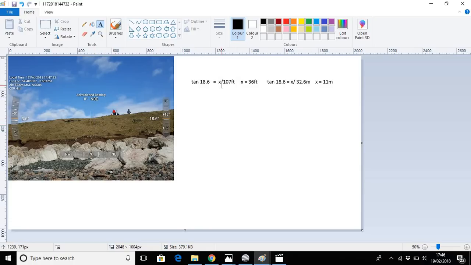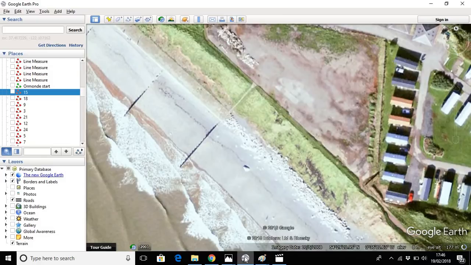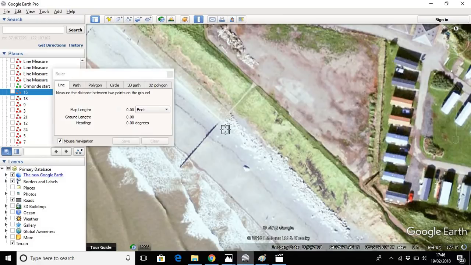The distance I've used here is taken from Google Earth. Using Google Earth, you can measure the distance in feet to the top of the bank, and it's around 107 feet to that point. If you do the same measurement from the top of the rock to this point here, you get around 137 feet, depending on where you go to, right to the middle.